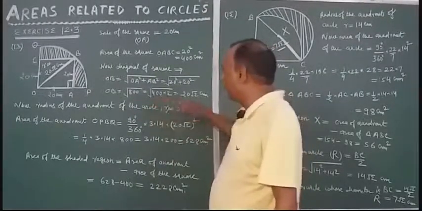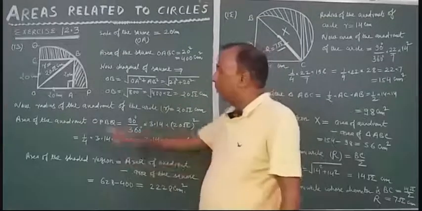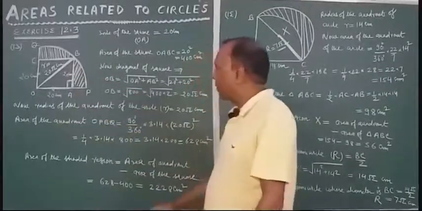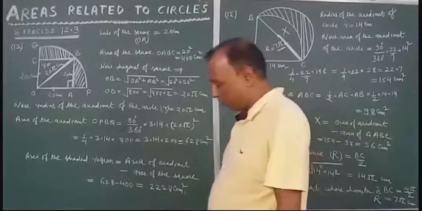The square root of 400 is 20, so 20 under root 2. So what is the length of the diagonal OB of the square? That is 20 under root 2.